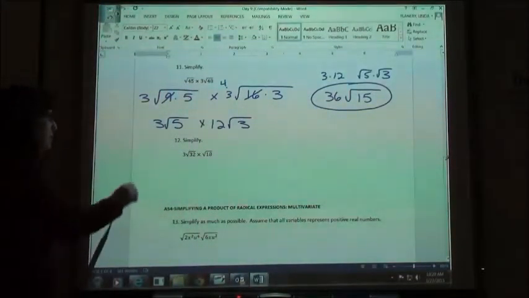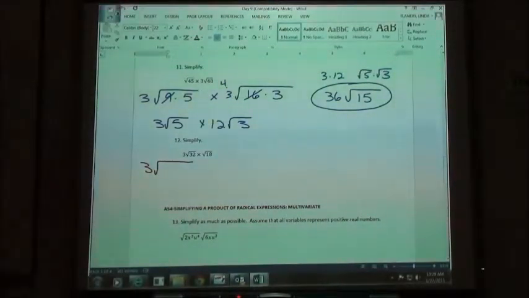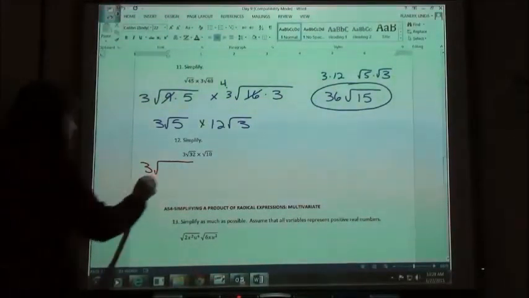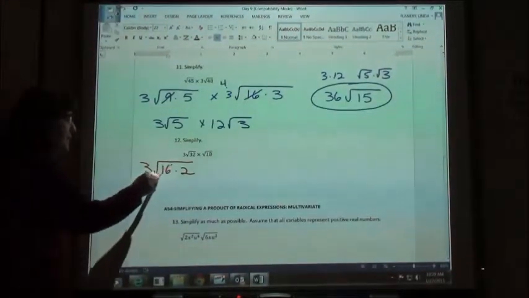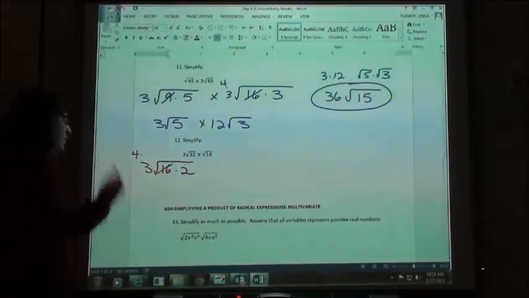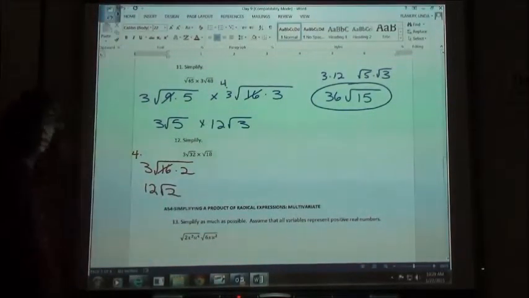Number 12 then. We have 3 square root of 32. 32, what can we divide into 32? 16, right? 16 times 2 is 32. Square root of 16 is 4, so 4 times the 3 in front gives us 12 square root of 2.